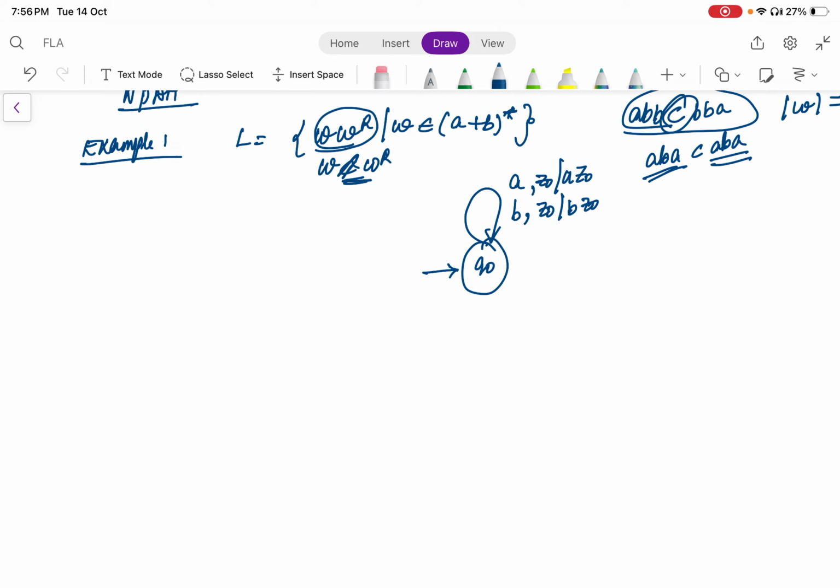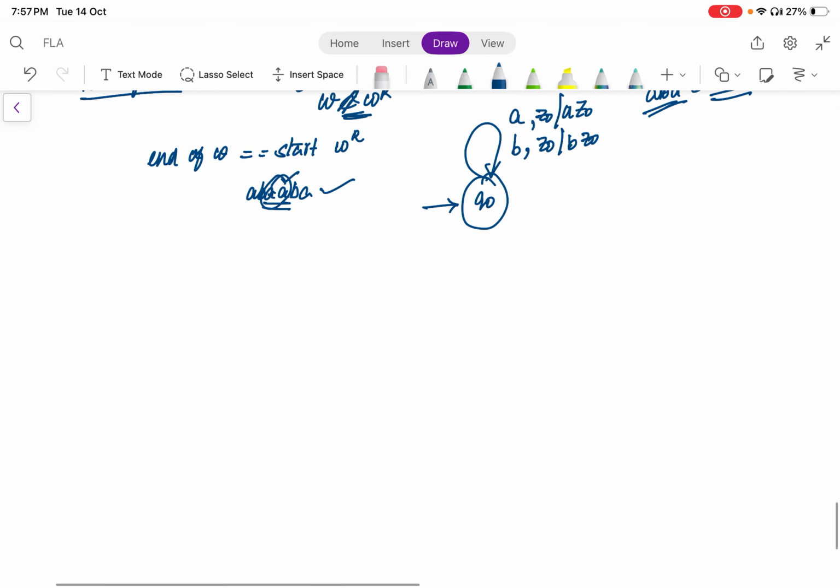You can identify it as the end of W. If the end of W is equal to the beginning of W power R, then that is a palindrome. Say here you have A B A. If the end of W and the beginning of W power R are the same, then you can say that it has reached the center.